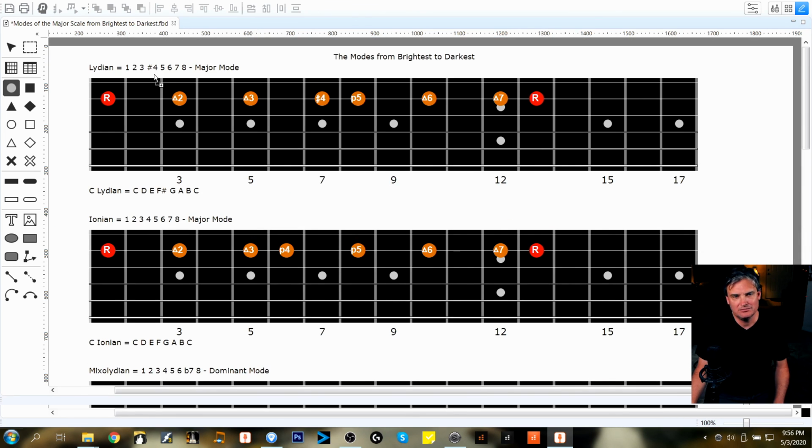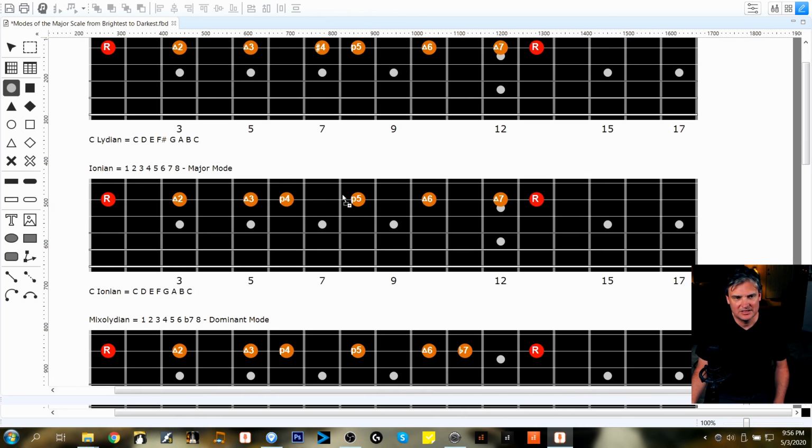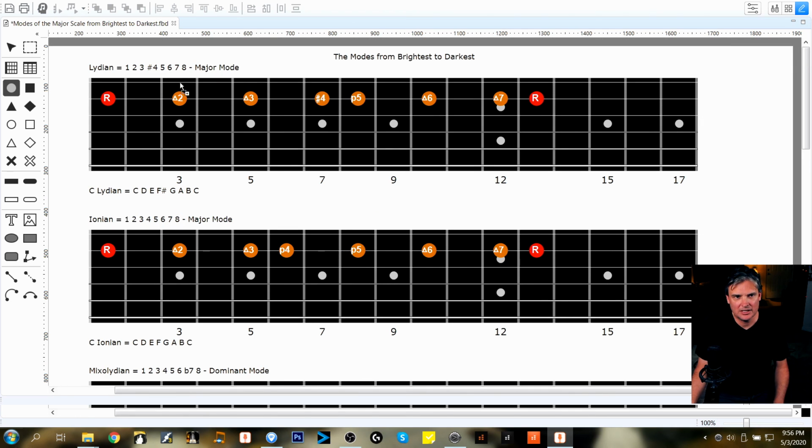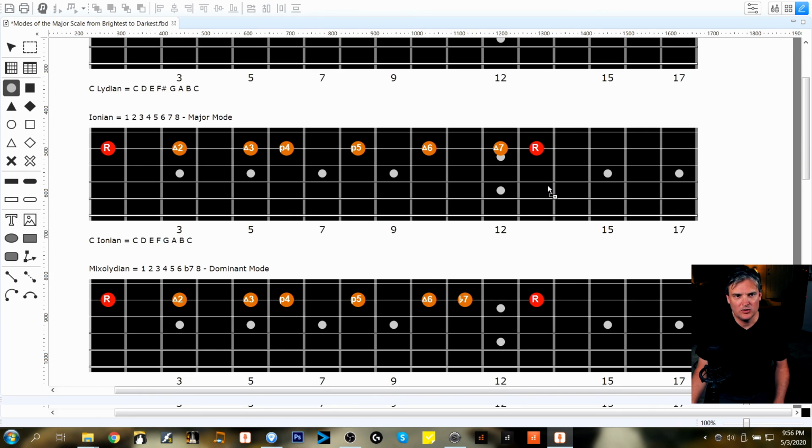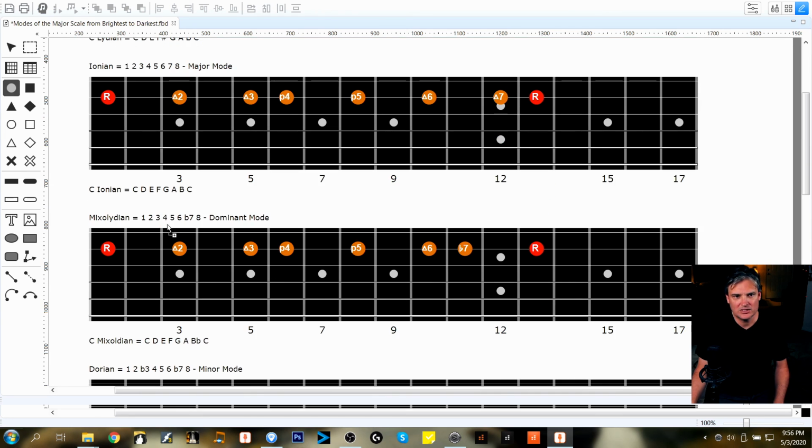So you have Lydian with its sharp 4. Okay, and then Ionian is all natural. So Ionian is just like the Lydian mode, okay, but it has a natural 4. Okay, and if we keep moving along here, we see that Mixolydian is just like the Ionian mode, but it has a flat 7. And so on.